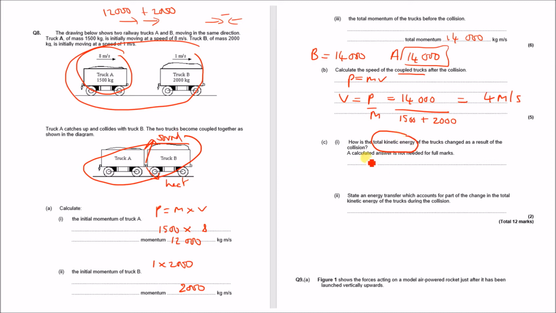There might even be light, a few sparks when they collide, so that has got to decrease. So the overall kinetic energy of this system, when they're moving afterwards, must be less, and the reason for that is, it says state an energy. Well, I would go for heat given out during collision.